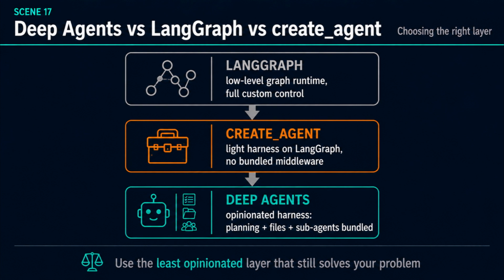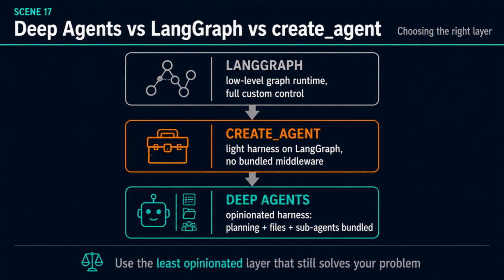A lighter agent creation utility sits one level up, a minimal harness built on LangGraph, without the planning, file system, or subagent middleware bundled in by default. Deep agents itself sits at the top as the most opinionated layer: the full harness with planning, context management, and delegation genuinely bundled and working out of the box with minimal configuration required from the developer.